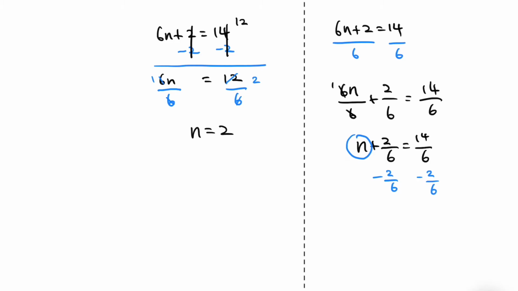And that's what we call isolation of variable. So this part, they cancel out. On the right side though, we have 14 over 6 minus 2 over 6, and that is 12 over 6. And by simplifying, by dividing by 6, we have n is equal to 2.